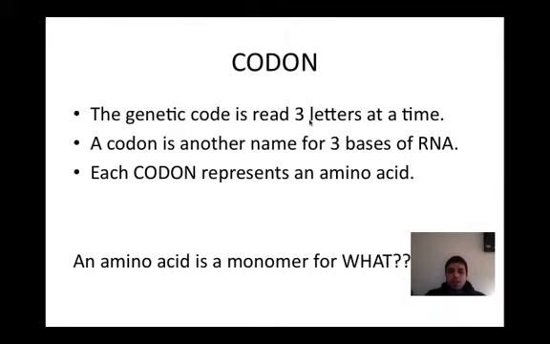The genetic code is read 3 letters at a time. So 3 base pairs will code for 1 amino acid. The name for those 3 bases is a codon.